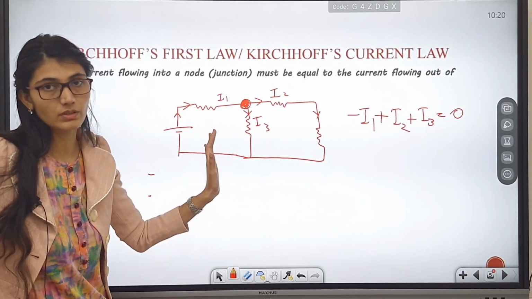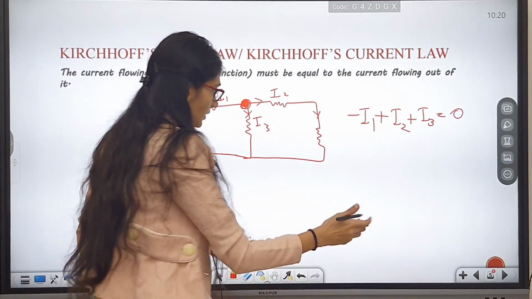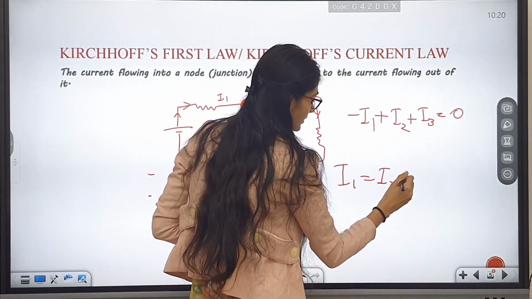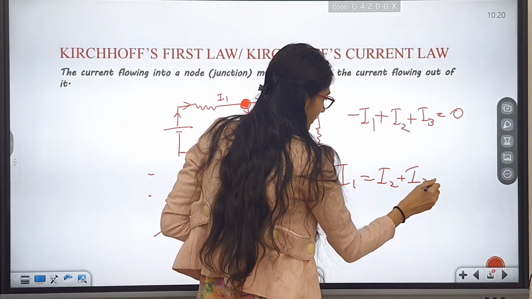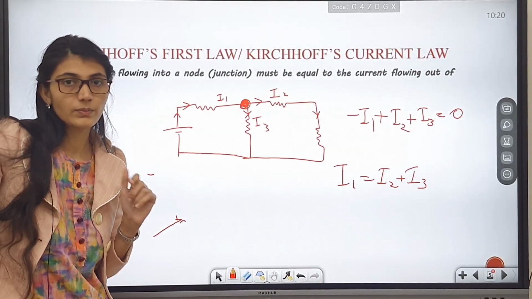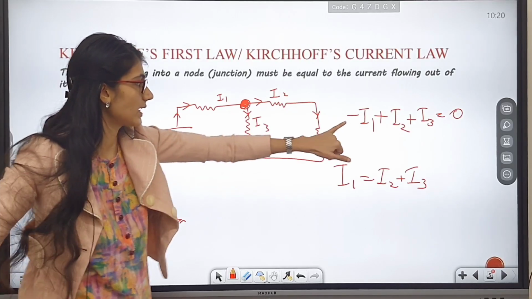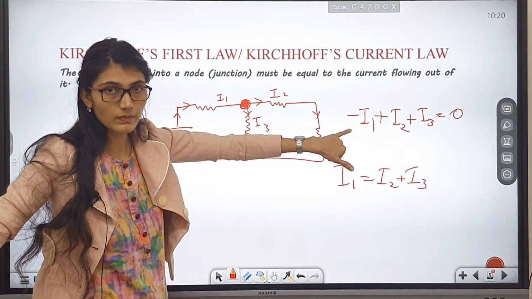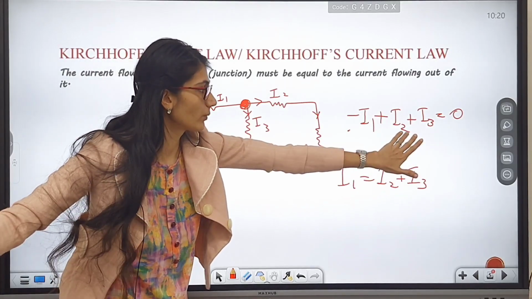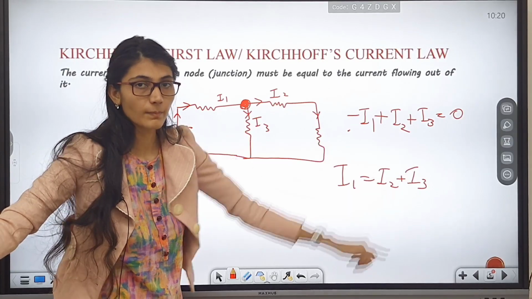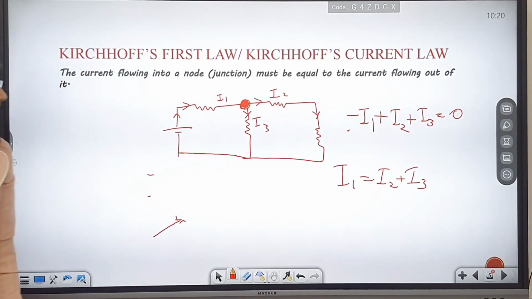So you can simply say that I1 is equal to I2 plus I3. But while solving numericals, we will use the convention method. We will take the inflow of current at a particular node to be negative, and the outflow of the current from that node would be positive. So this is nothing but Kirchhoff's current law.